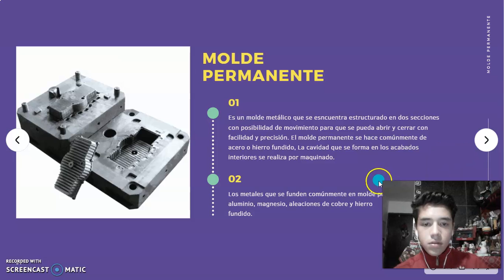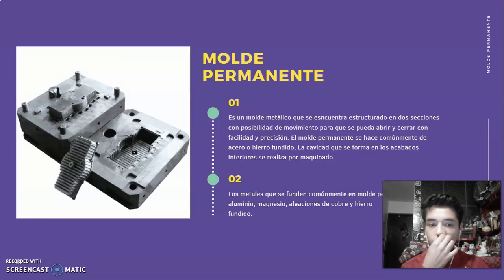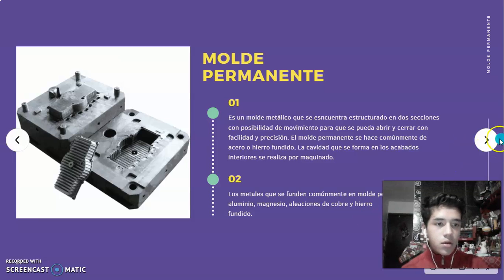Alright, so here we have that some metals commonly found in the permanent mold would be aluminium and magnesium and some other combinations of copper and iron.